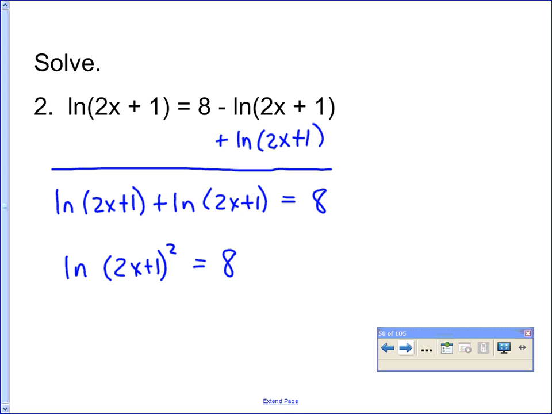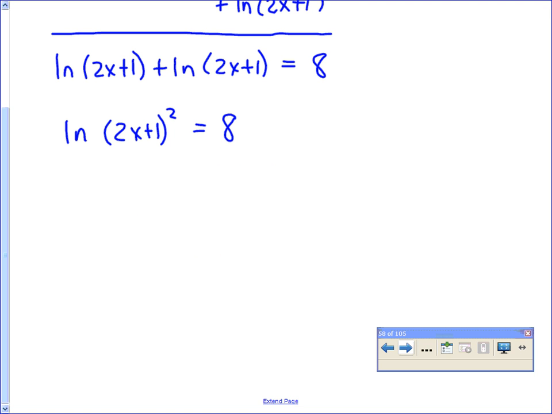Now that I have a natural log on one side and a constant on the other, that should make us think, okay, let's rewrite this in exponential form. So I've got my base of e raised to the 8 is equal to 2x plus 1 quantity squared. I want to solve for x, so what I would do is take the square root of both sides.